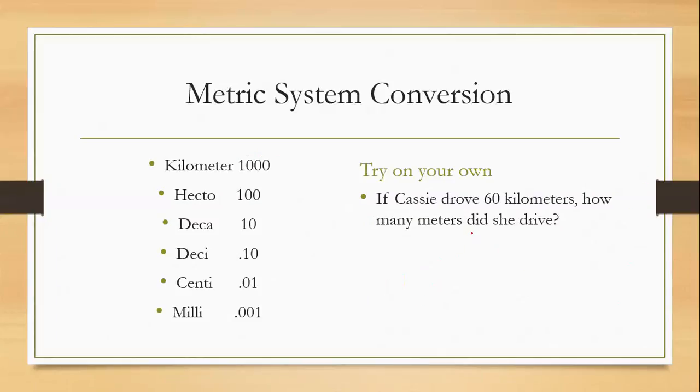Welcome back. So looking at this problem, we can see that it was given to us that she drove 60 kilometers. So I'm going to write 60 km. And what are we looking for? Yep, we're looking for meters. So looking over here, remember 1,000 meters for every 1 kilometer.